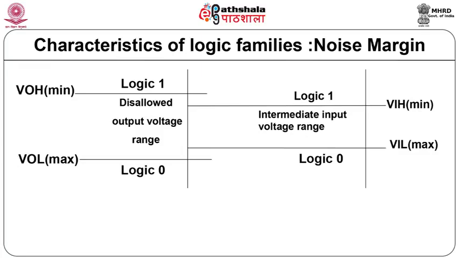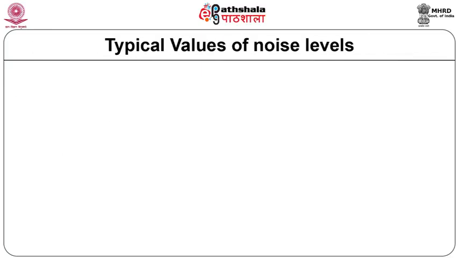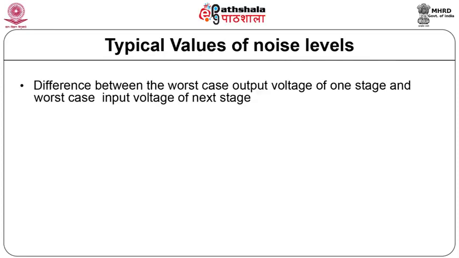So, the difference between VOH min and VIH min is the noise margin. Similarly, the difference between VOL max and VIL max is also a noise margin. Typical values of noise levels: the difference between the worst case output voltage of one stage and the worst case input voltage of the next stage.